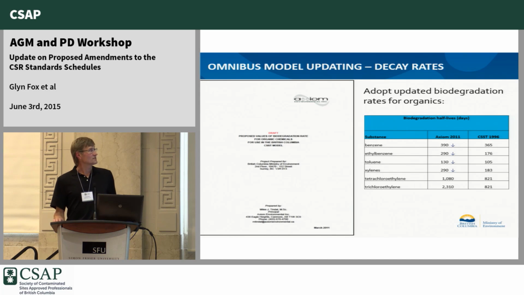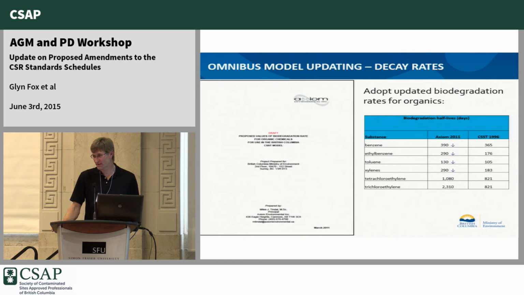They did a fairly detailed review of current literature and came back with some recommended rates for biodegradation. If we look at it on a half-life basis, they're actually a little bit longer than our current values. So if we took this approach, these values would mean there's less decay, so our soil standards would drop.